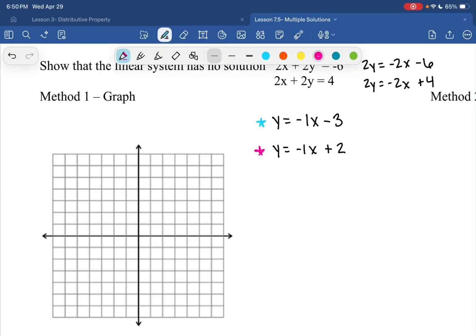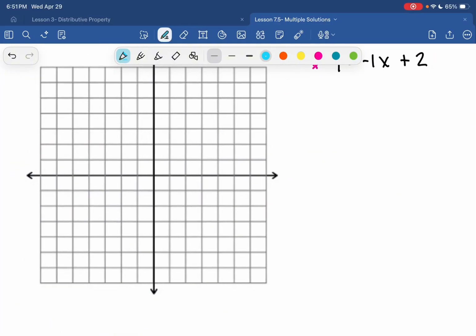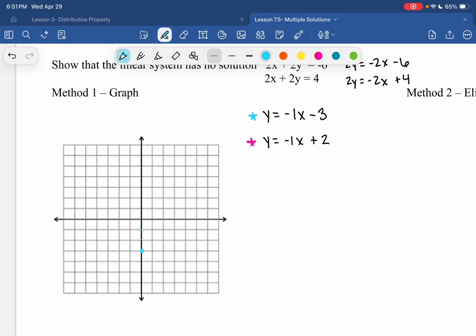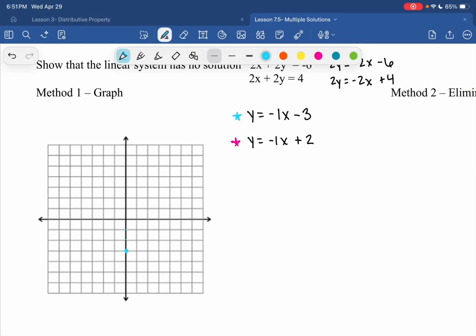Okay, so now we have two equations, right? We have a linear system in slope-intercept form. So let's put them on the graph. Our first equation, it looks like our y-intercept of the line is at negative 3. So I'm going to go down 3, 1, 2, 3 on the y-axis. Okay, my slope is negative 1 over 1, right?